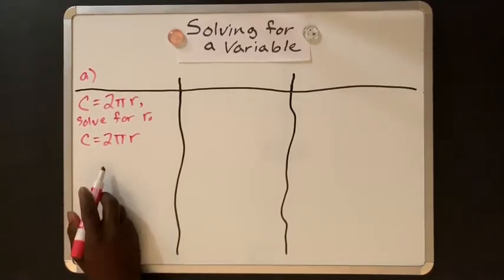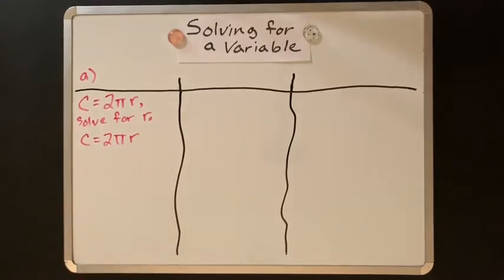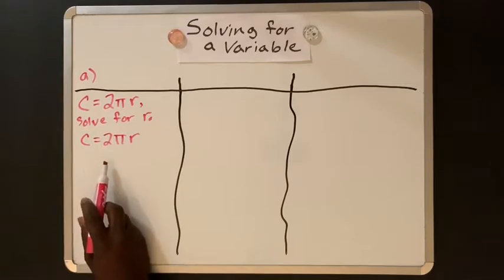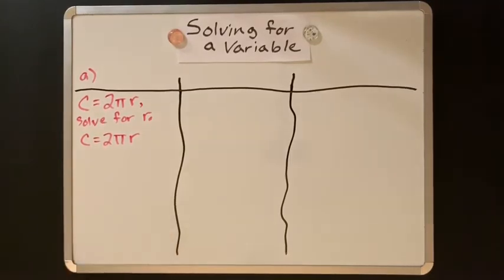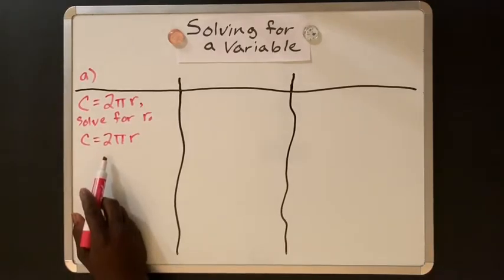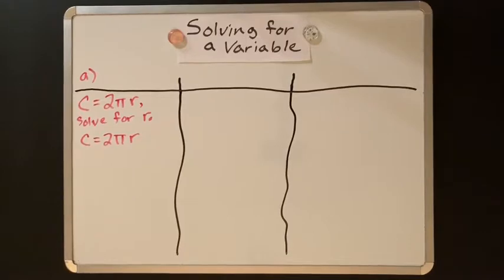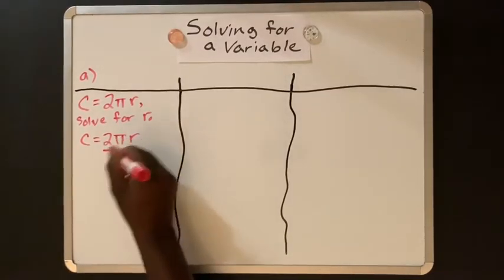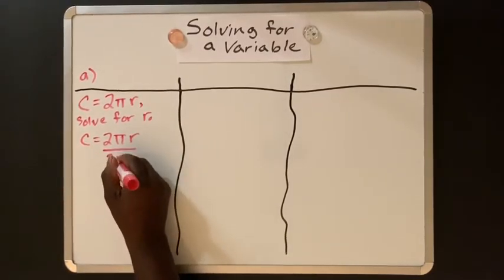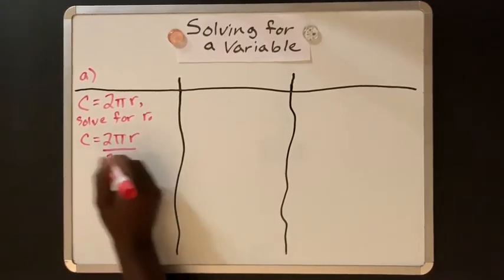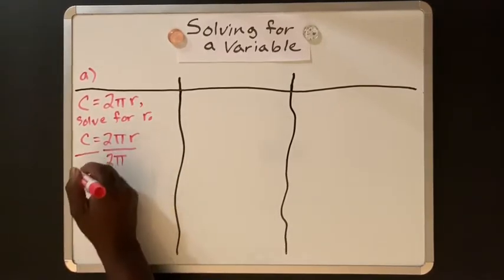If I want to get R by itself, what's the opposite of multiplying 2 times pi times R? You're right. You divide. That's the opposite of multiplying it by R. So we're going to divide this by 2 times pi. Whatever you do to one side of the equation, you do to the other.